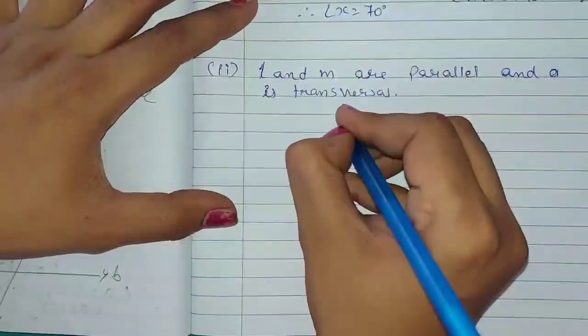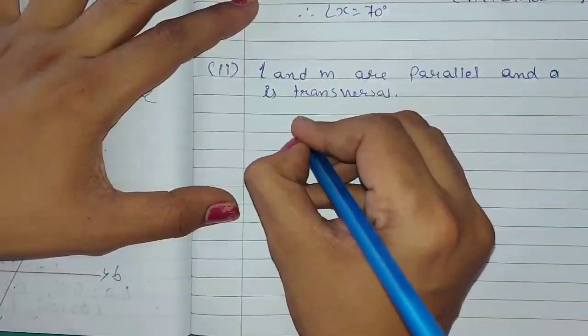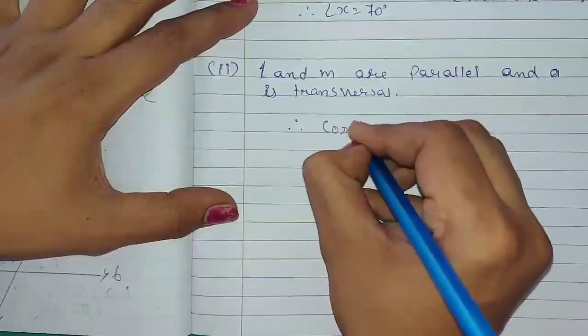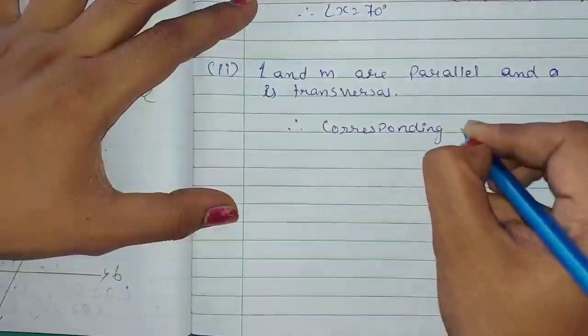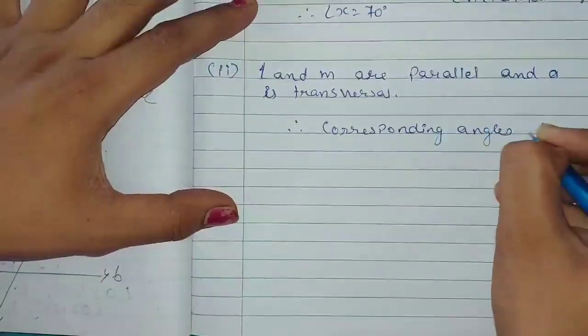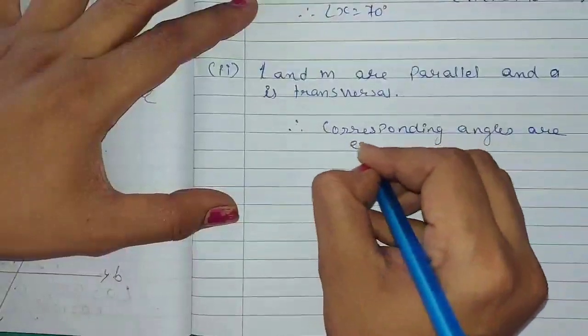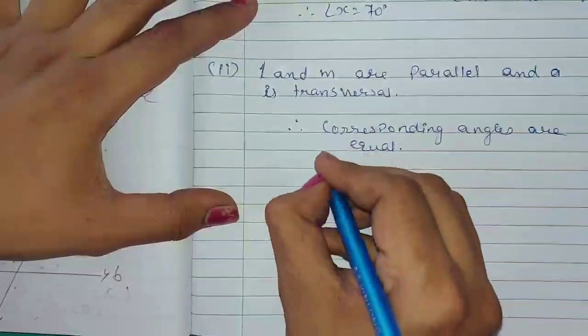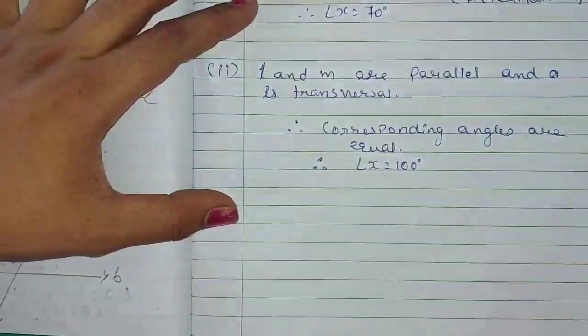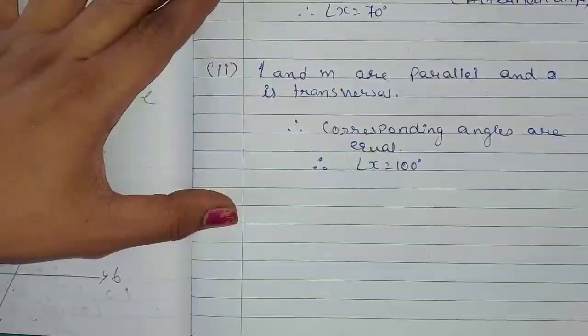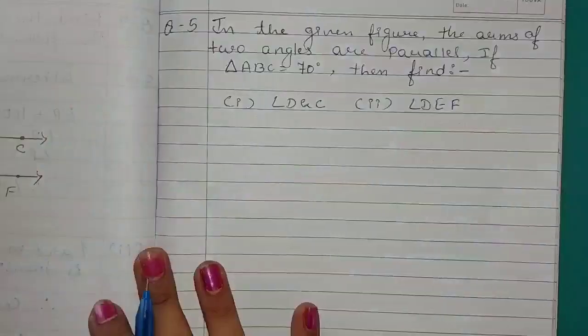So it forms corresponding angles. Therefore corresponding angles are equal. Therefore angle x equals 100 degrees. So here we get the answer as angle x equals 100 degrees.